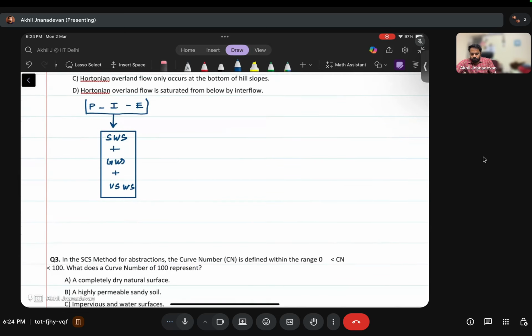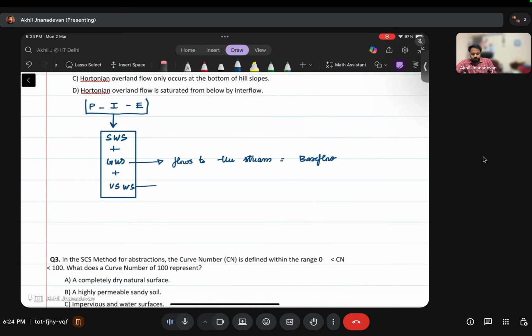When we see the groundwater storage part, groundwater flows to the streams, and this process, as we already saw, is called base flow.